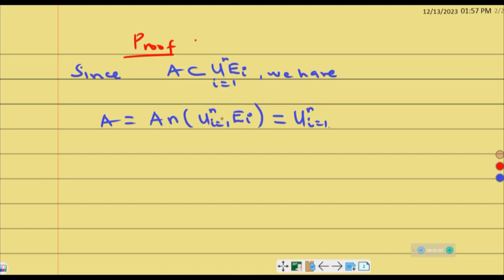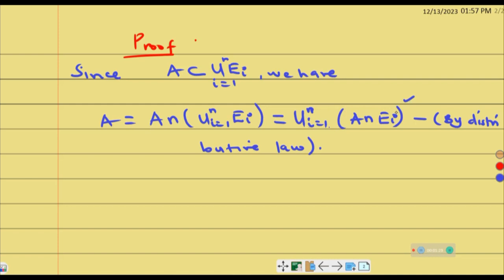Since A is not affected by the Ei, we can put the union outside by distributive property and write this as A intersection Ei. This is only possible by the distributive property, or distributive law.